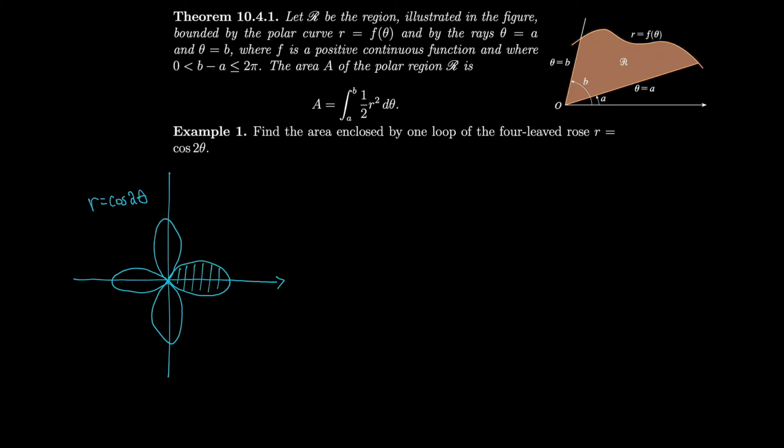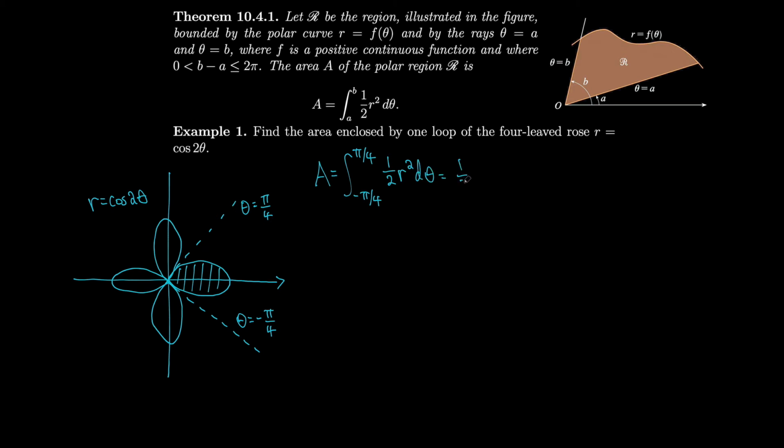So this loop, it looks like it goes from theta equals pi over 4 to theta equals minus pi over 4. So that means that we can write the area as the integral from minus pi over 4 to pi over 4 of half r squared d theta.